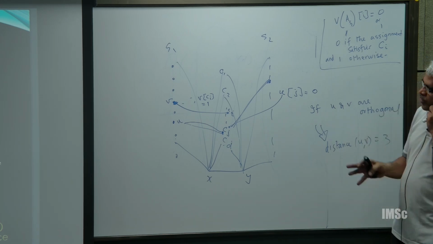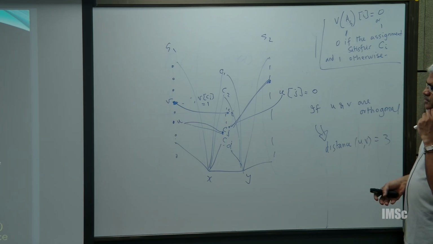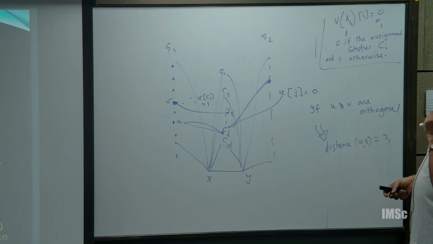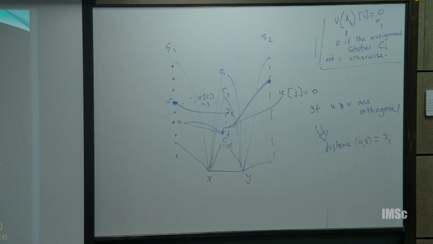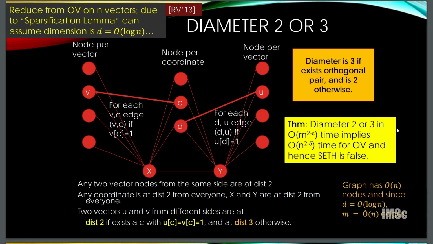This is a polynomial time reduction, but that is okay. We did not go to SAT; we settled in between orthogonal vectors and diameter computation. Of course, we related orthogonal vectors and SAT through an exponential time reduction.